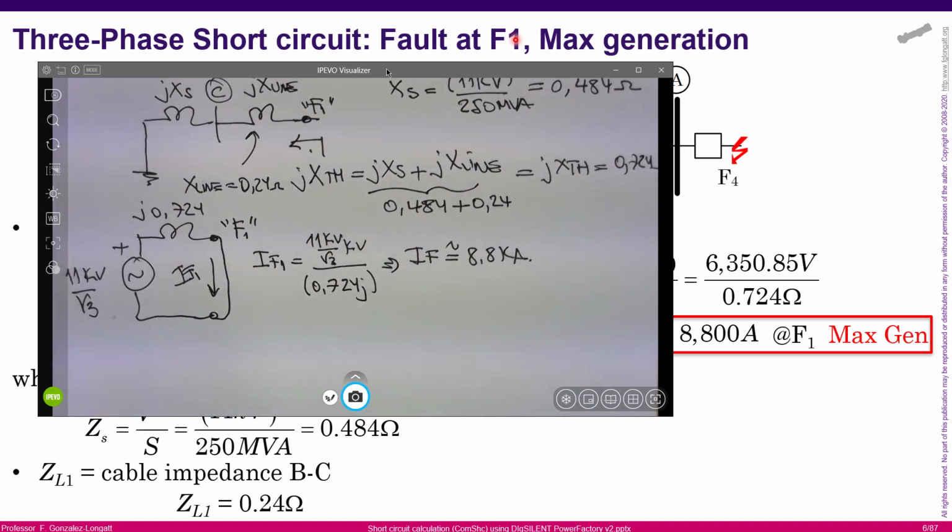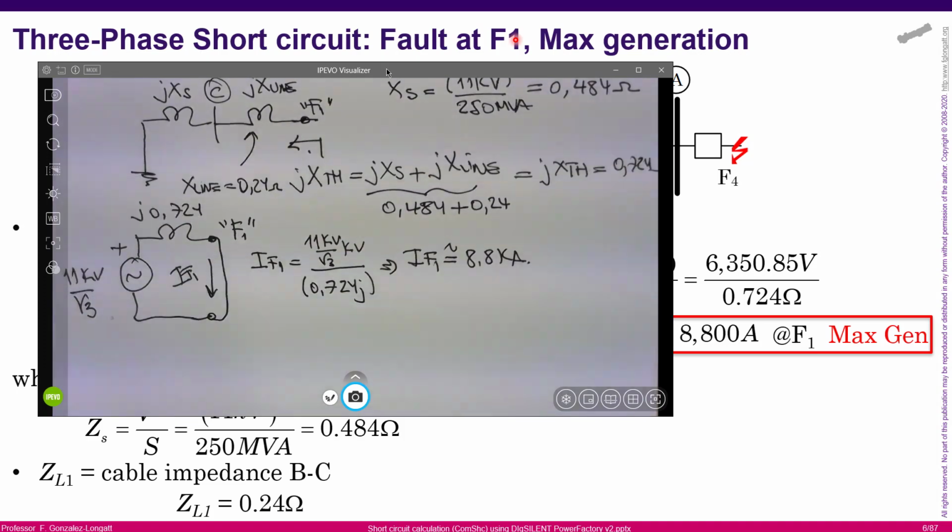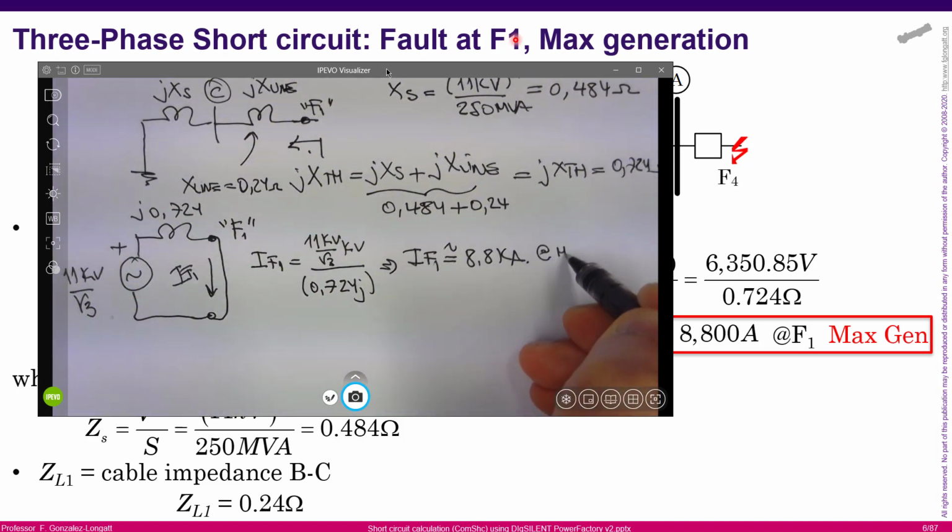Well, what I have done here is just a basic calculation. You can use the Thevenin method using the per unit system, or if you wish, you can use real units. I did real units here. What you need to be careful about when using real units is the three-phase properties, okay? What is important and relevant here is that you can obtain the three-phase current at the fault point F1, okay? And this is the short circuit current at maximum generation, okay?